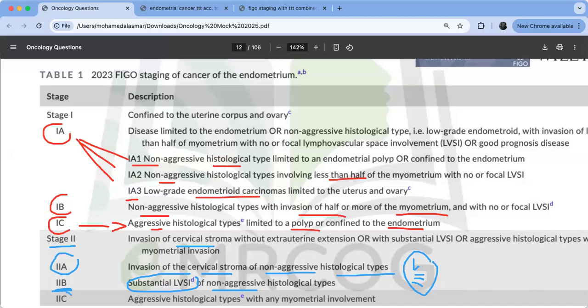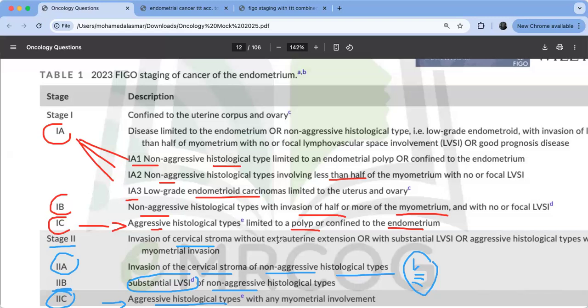So 2C, C for aggressive. So I expect here an aggressive tumor, aggressive histological type with any myometrial invasion. In the older days, we used to say if a tumor invades less than 50% of the myometrium, that's 1A, right?